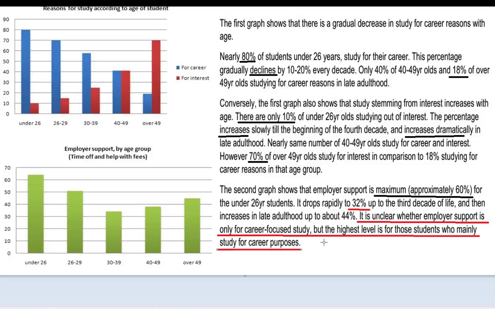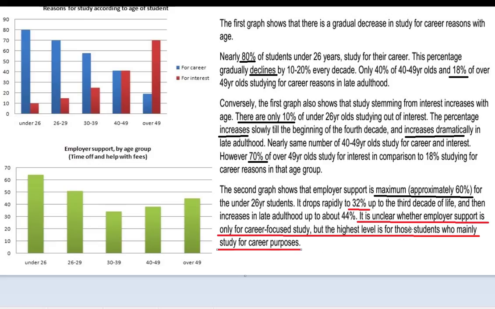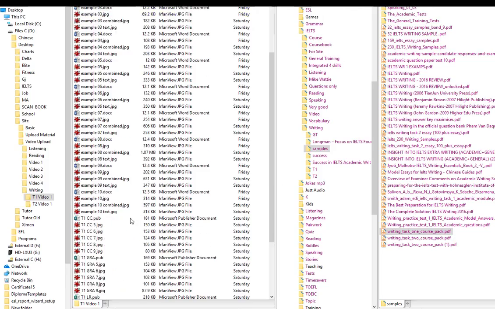In a piece of writing that's only 150 words long, we don't have time for summaries. That maybe partly explains the word count of 192 words. This could be one reason why the writer went over the minimum requirement for the word count. And this first half of the sentence, it's unclear whether employer support is only for career-focused study. How is that relevant to the chart? Okay, I'm not sure why that was included.